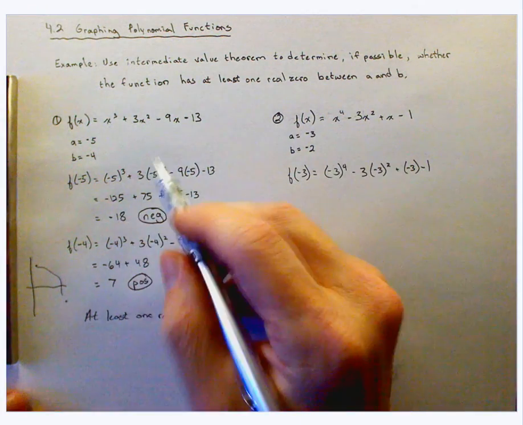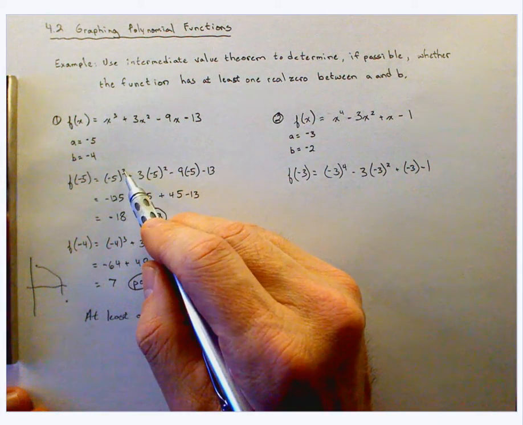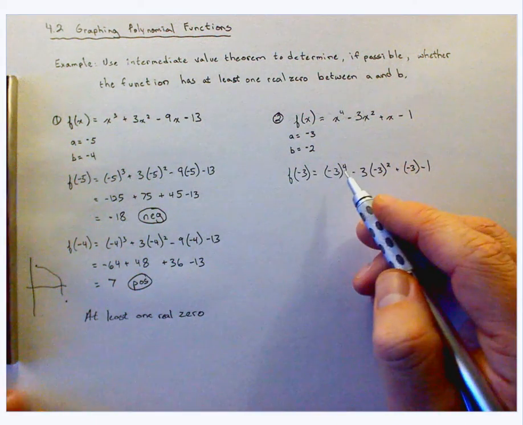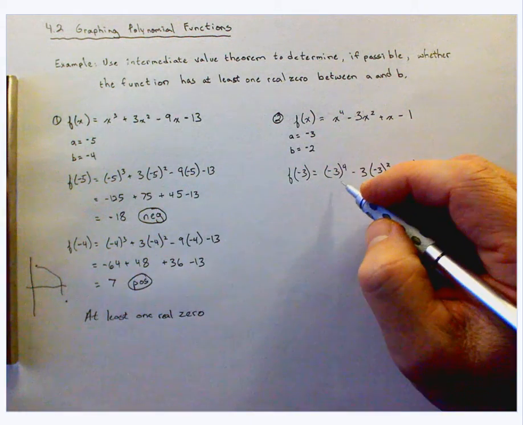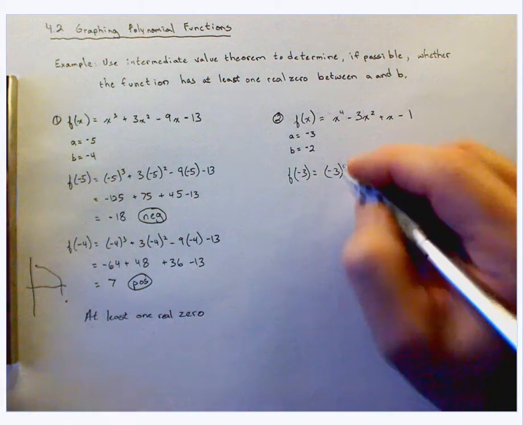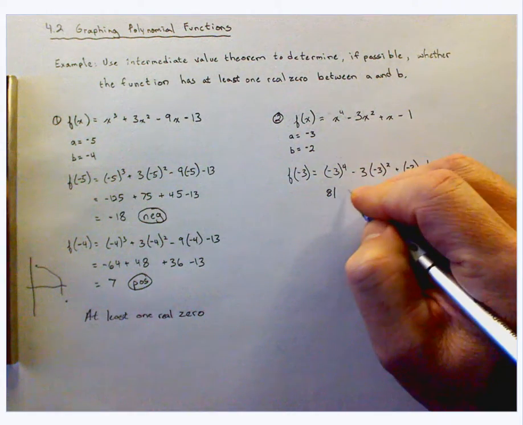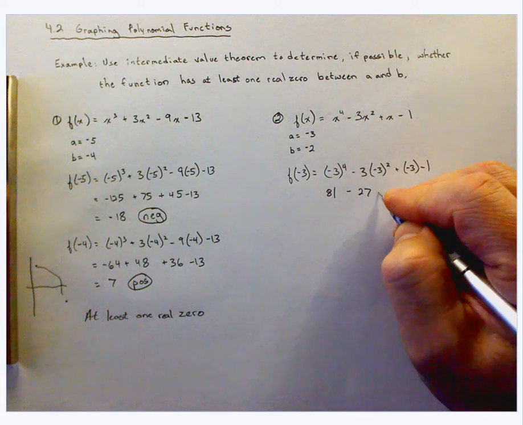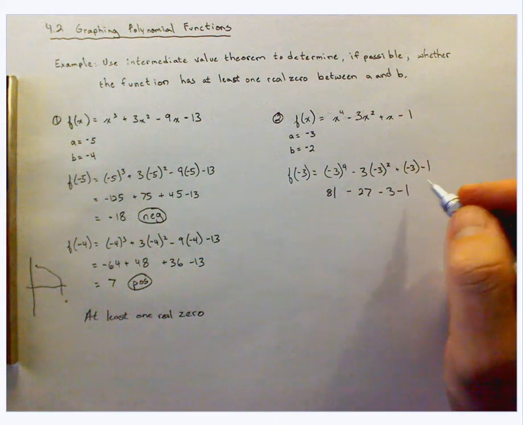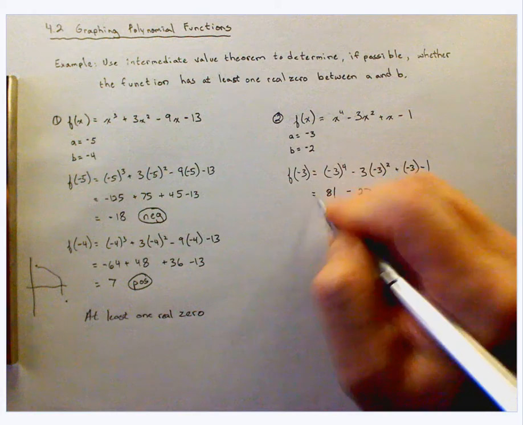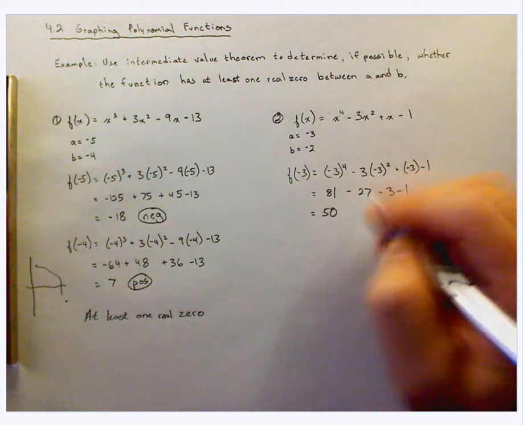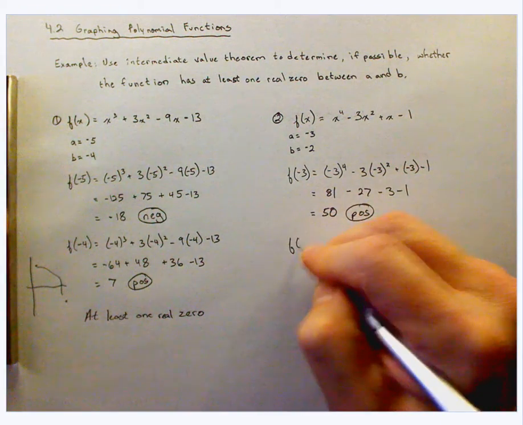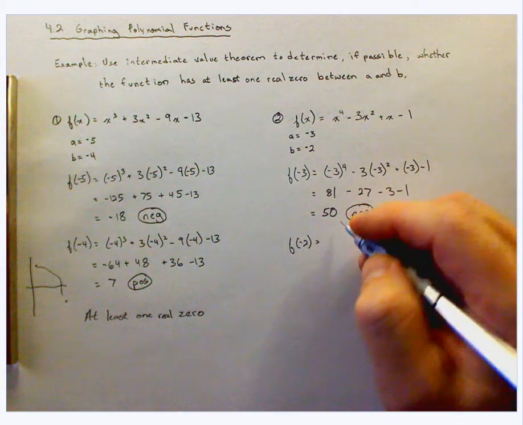Okay, and then something I didn't touch on: anytime you have a negative number to an odd exponent, it's going to be negative. Anytime you have a negative number to an even exponent, it's going to be positive. So that's 50, positive. So I need to get a negative if I can say something, otherwise I can't.